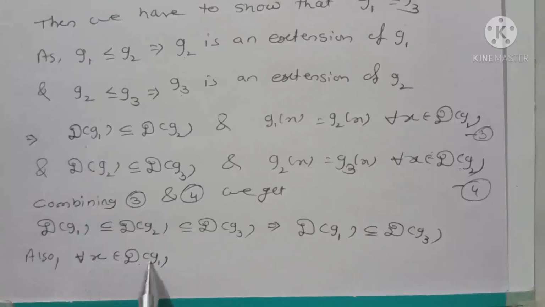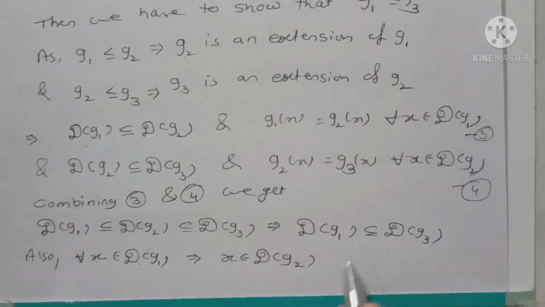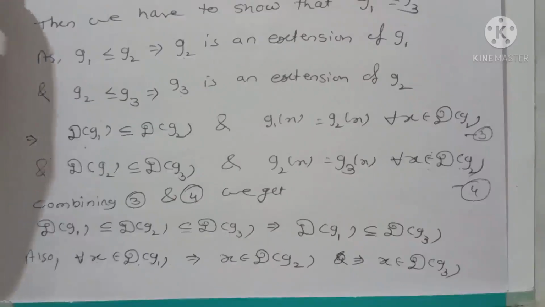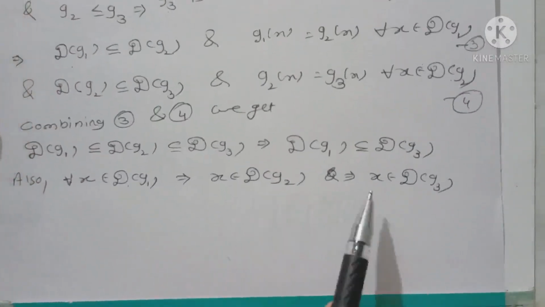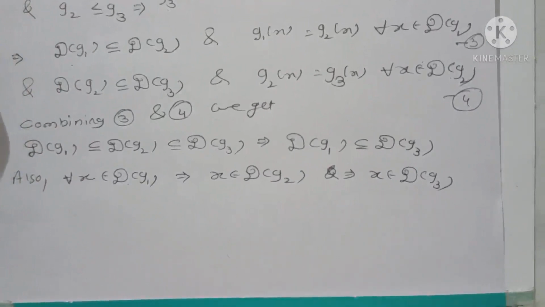Therefore, for all x belonging to the domain of g1 implies that x belongs to the domain of g2, and it implies that x belongs to the domain of g3. That means if x belongs to the domain of g1, it is contained in the domain of g2 and at the same time in the domain of g3.